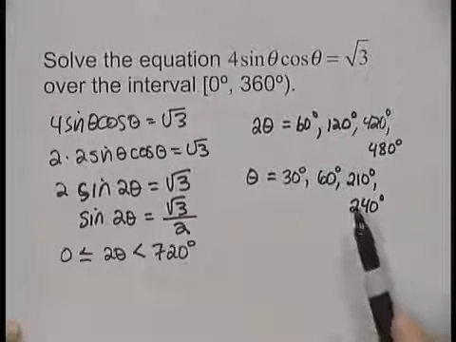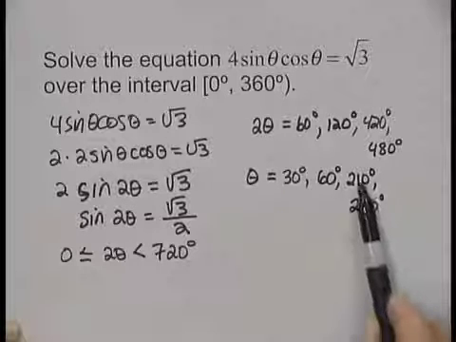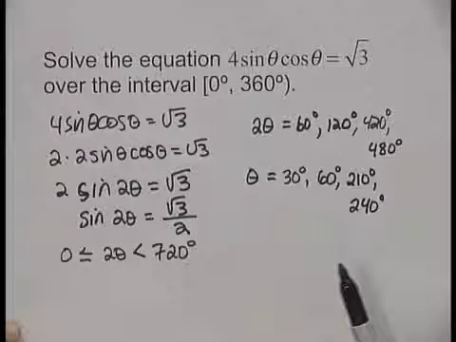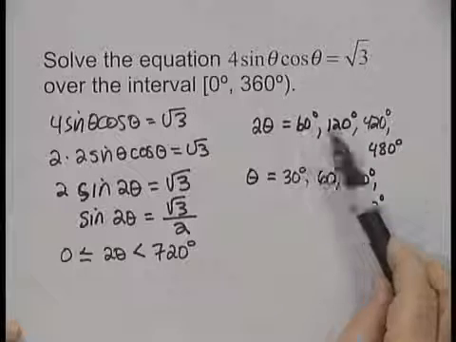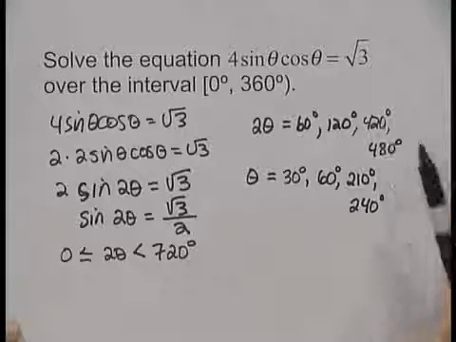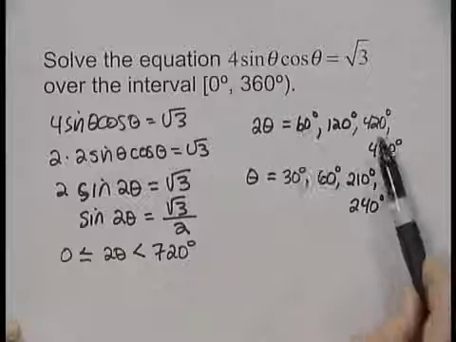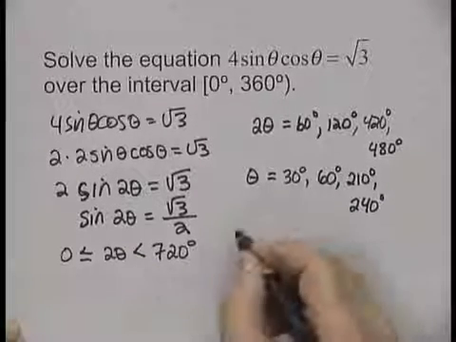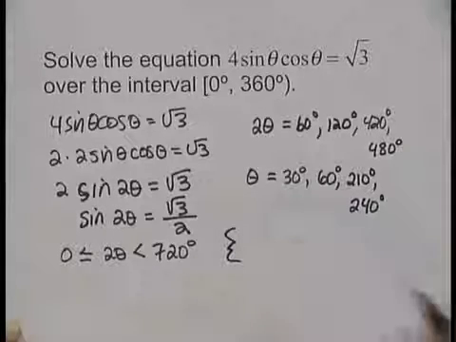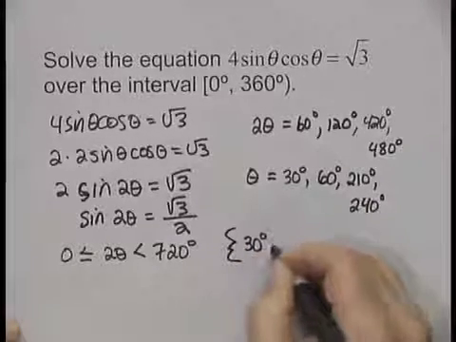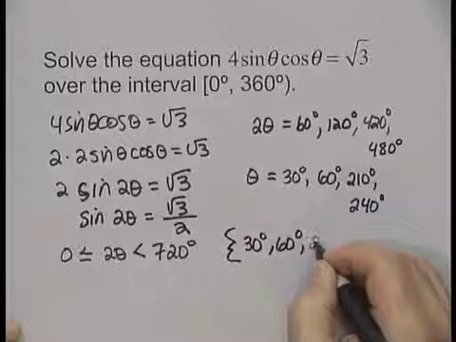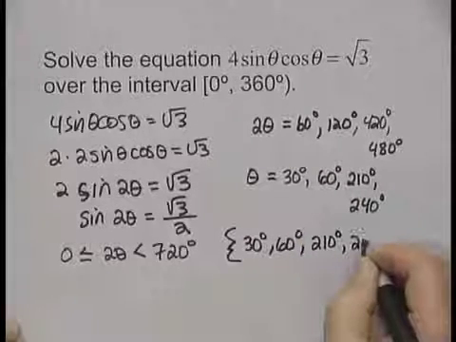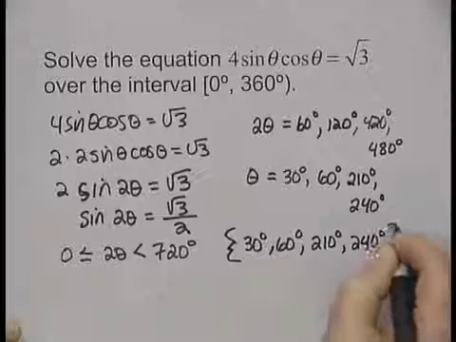The other way of looking at this is that these final two solutions for the 2 theta were found by adding the 360 degrees to each of the 60 degrees and the 120 degrees. And so we can write out the solution set as 30 degrees, 60 degrees, 210 degrees, 240 degrees.